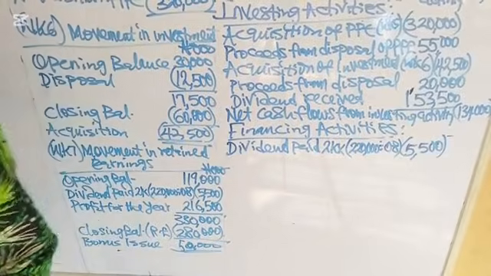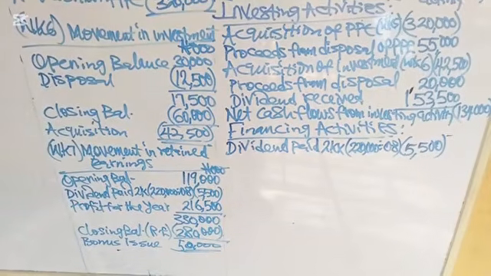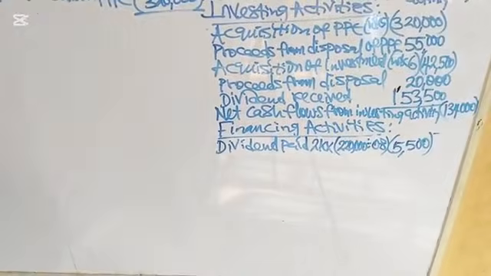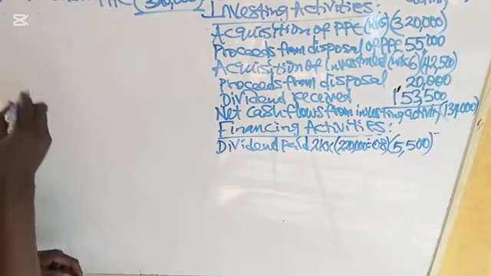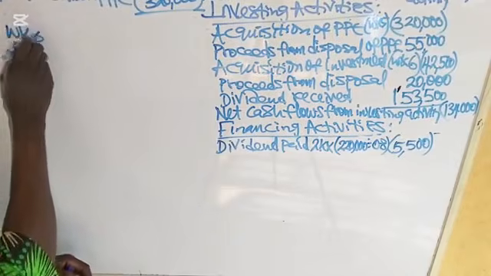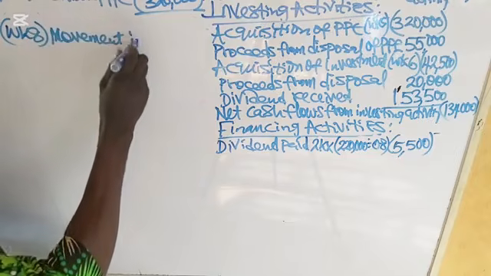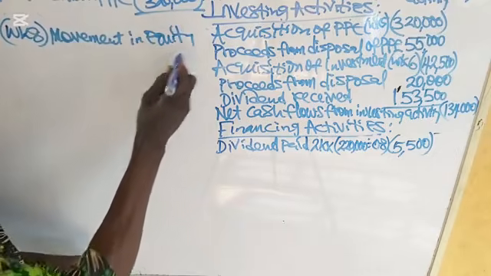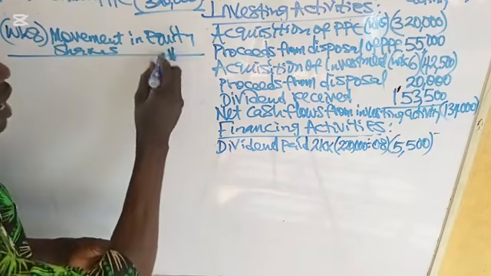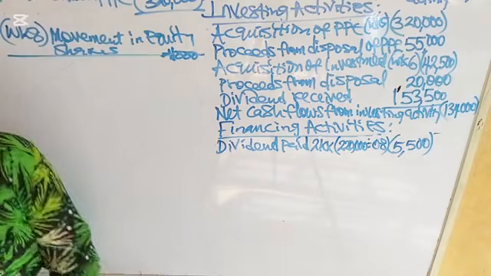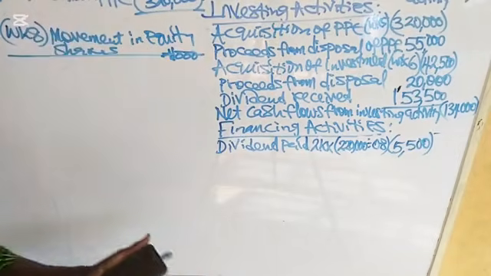Now we can do the movement in equity shares. Movement in equity shares, that is working number 8. As usual, we start with what? Opening balance.